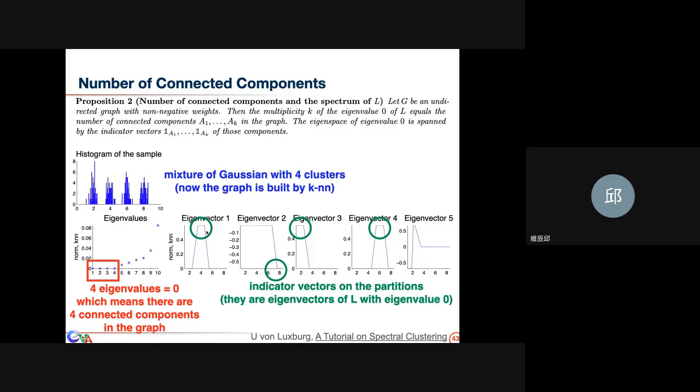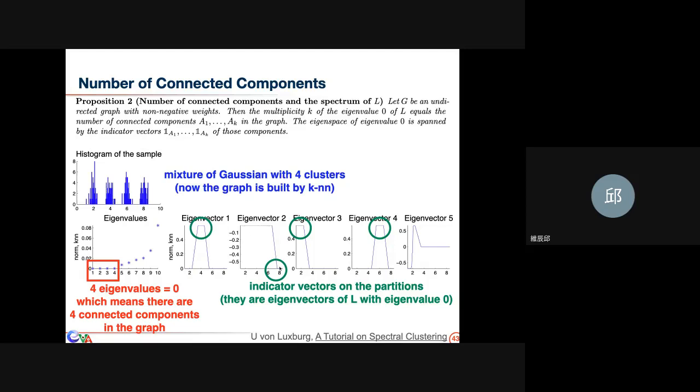So you can see that such an eigenvector is actually related to the indicator vector of the partition. For example, the first eigenvector can be treated as an indicator vector for the group related to value 4.